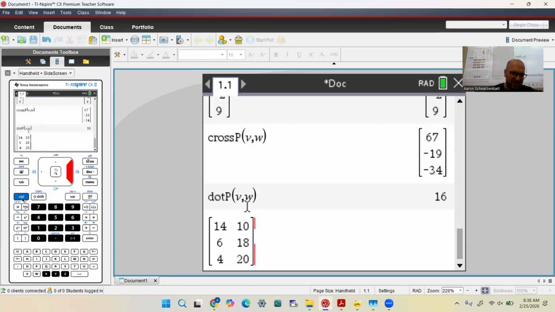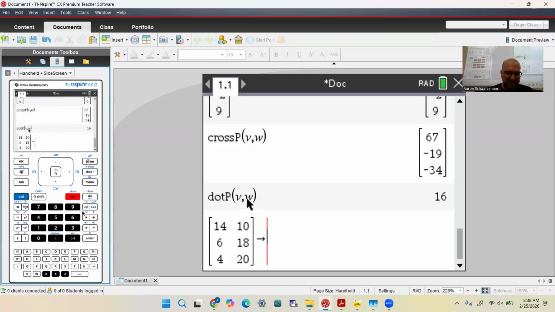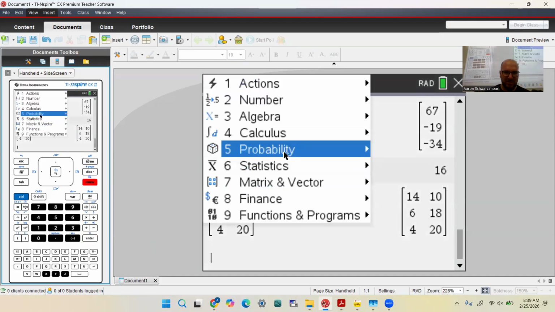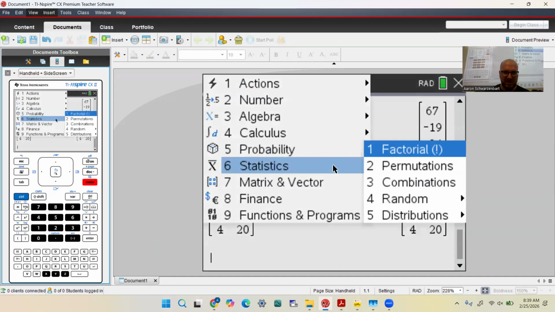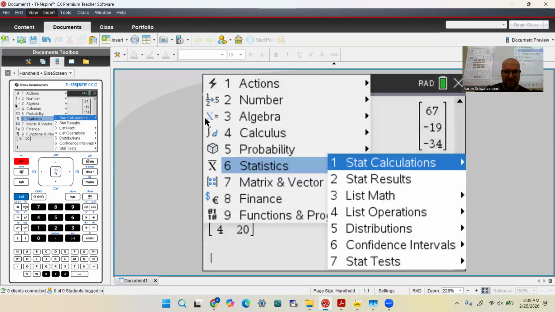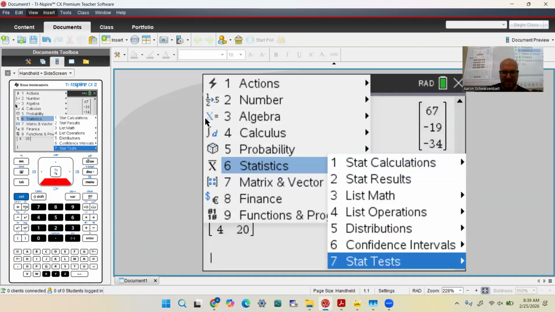I'm going to store this matrix as A. And menu, statistics, stats tests.